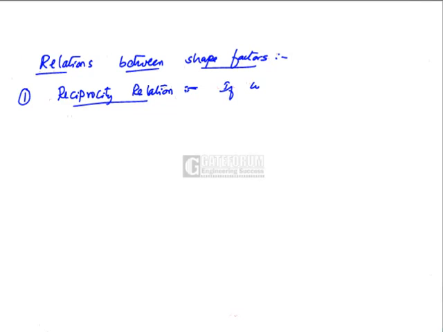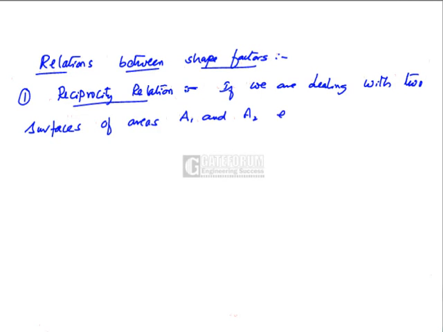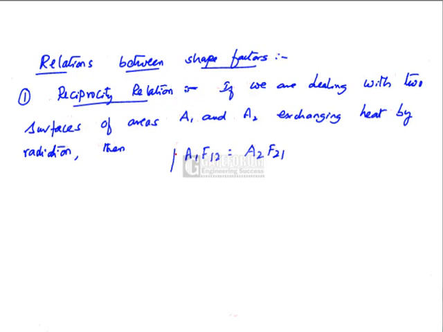If we are dealing with two surfaces of areas A1 and A2 exchanging heat by radiation, then A1 F12 is equal to A2 F21.